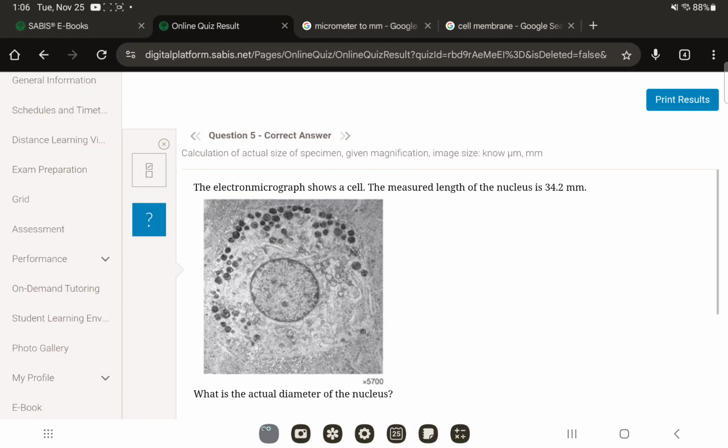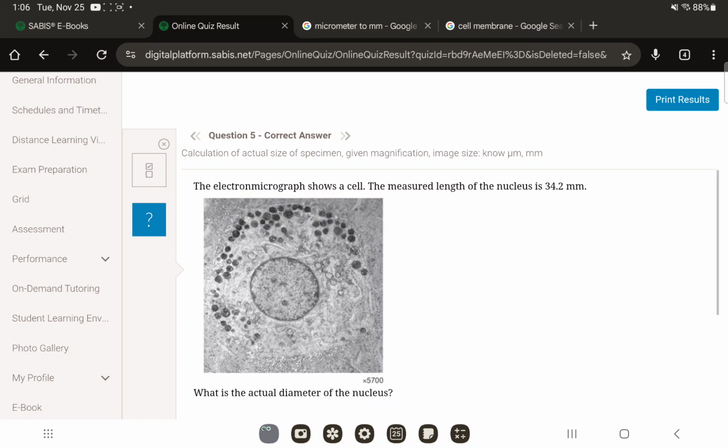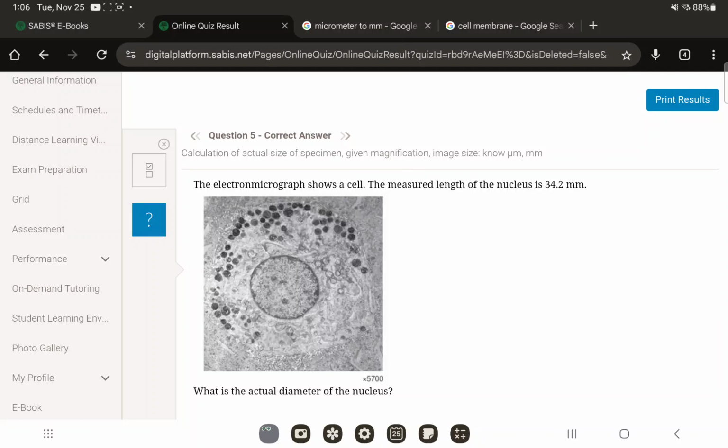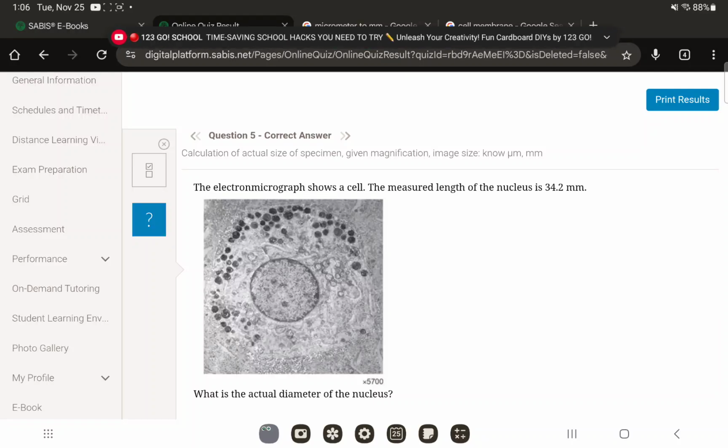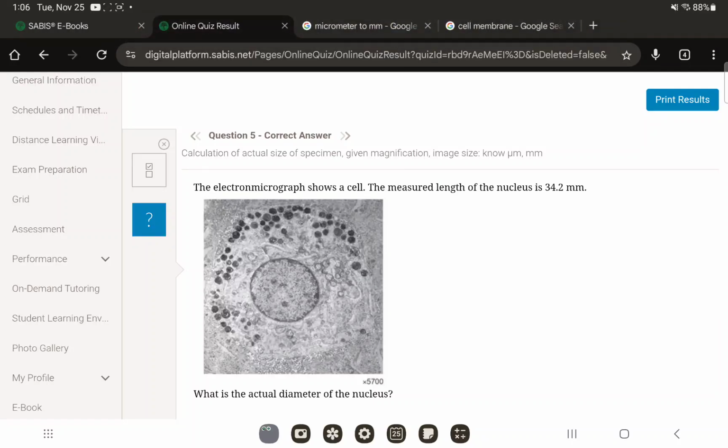Okay. The electron micrograph shows a cell. The measured length of the nucleus is 34.2 millimeters. What is the actual diameter of the nucleus? So to find the actual diameter or the actual size of the specimen, you do the observed length divided by the magnification used.